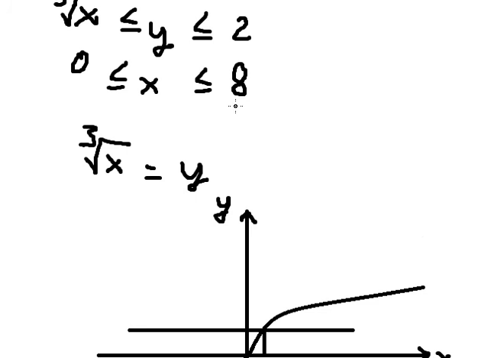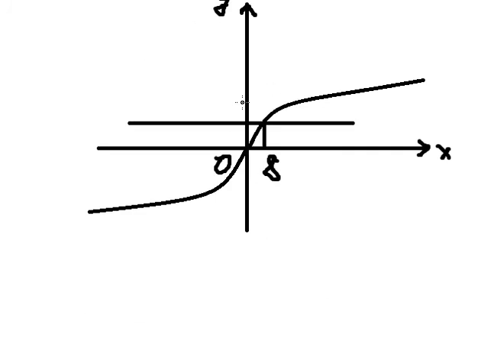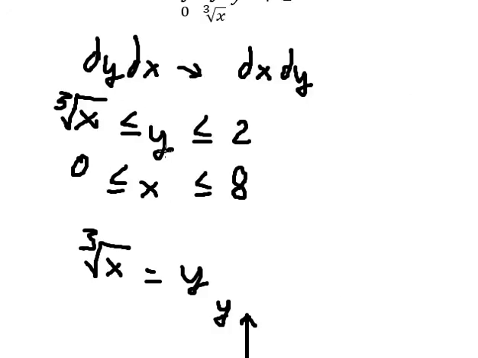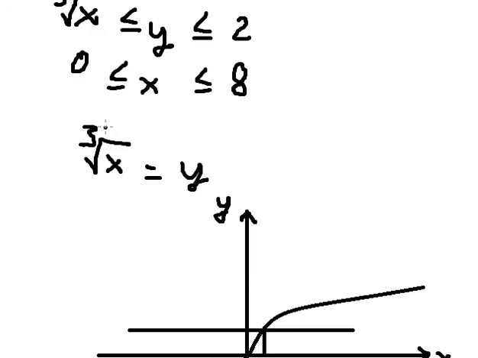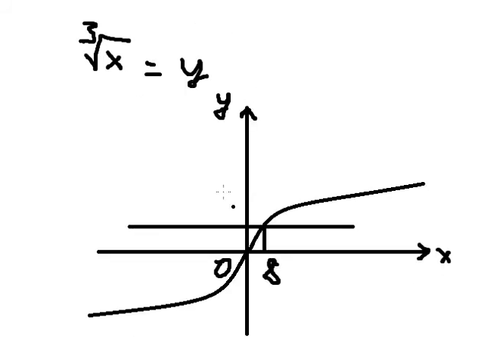Because if we put number 8 go in here, we will have about number 2 in here. So we see that y is greater than the curve and smaller than number 2, and we have from 0 to number 8. So that means that should be about this area in here.